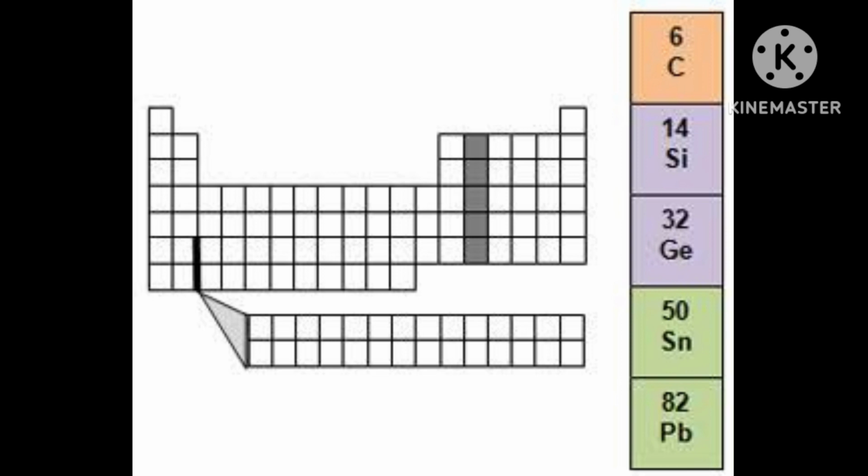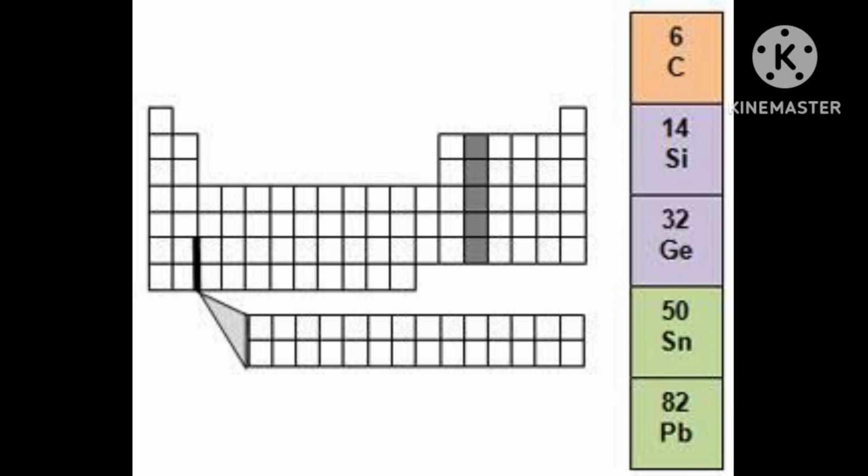Then tin, I told you, krypton, and after that 4d10 5s2 5p2, and last lead, that is the xenon configuration, 4f14, then 5d will start, and 6s2 6p2.